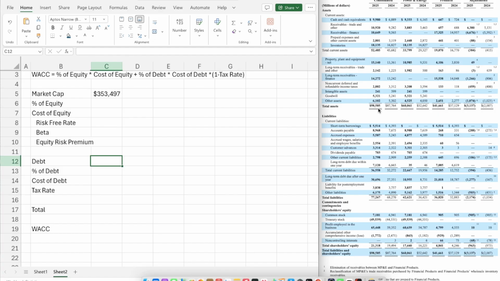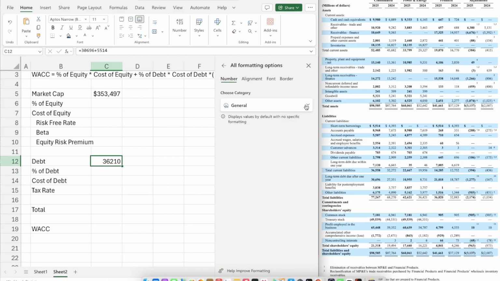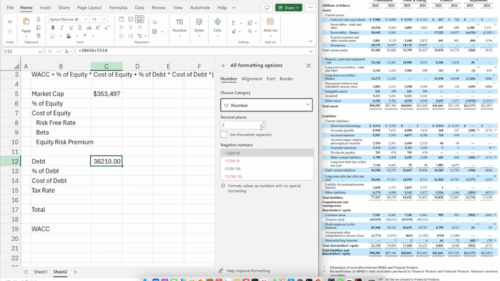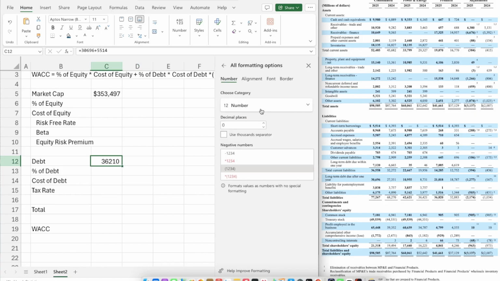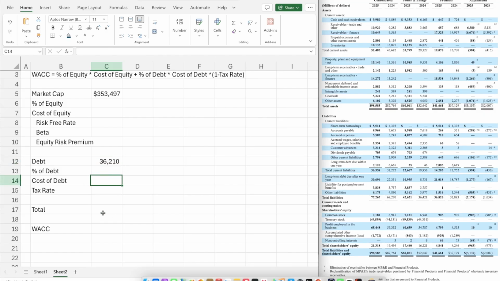So it's this one plus this one, equals 3696 plus 5514. Format it. Go. So now we can get the total.